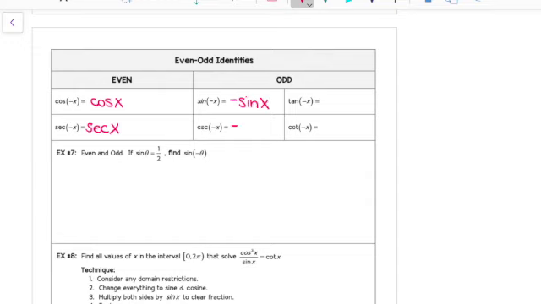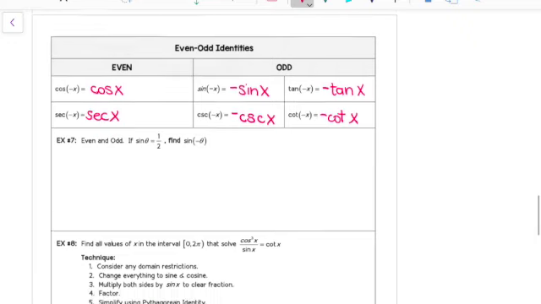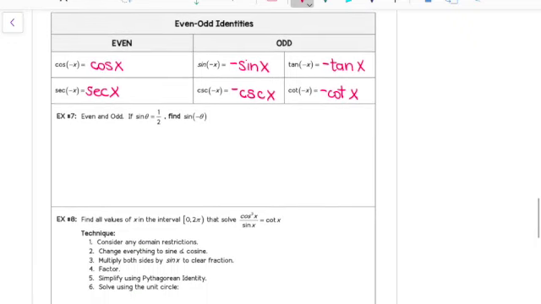And again, cosecant would be the same. And tangent of -x is negative tangent x, and cotangent of -x is negative cotangent x. So all that means is if sine theta was 1/2, then sine of negative theta is equal to negative sine theta, which means it is equal to negative 1/2.